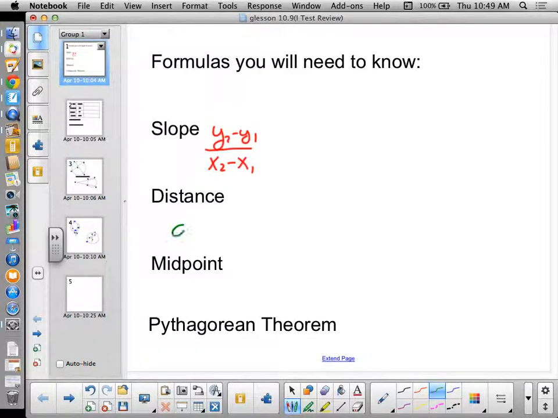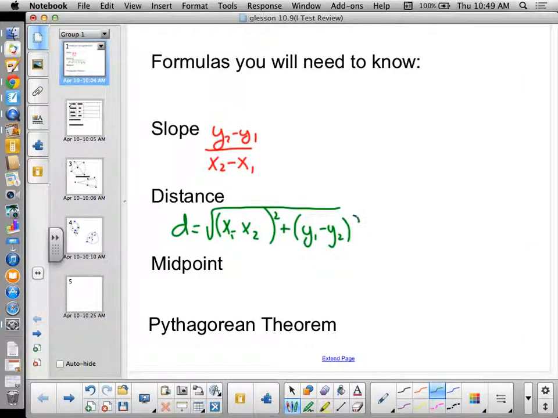Distance formula. Square root of the quantity squared plus the quantity squared. Midpoint formula. It's a point, so x1 plus x2 over 2, y1 plus y2 over 2.